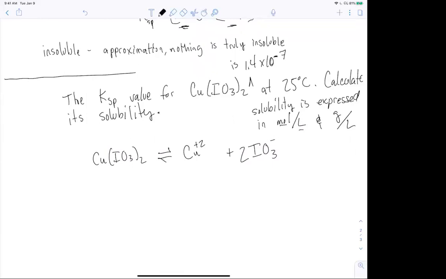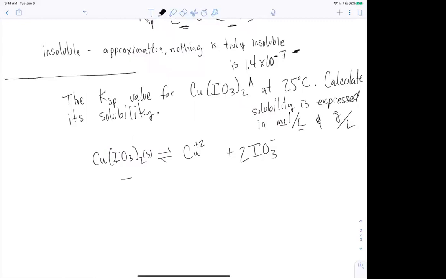You would start out with some amount of this over here. Remember, this is a solid, so we don't actually have to care about how much is there. You just have to assume that you have enough that you've gone past the point of saturation, which for most of these things, because the K value is so small, is not very much.